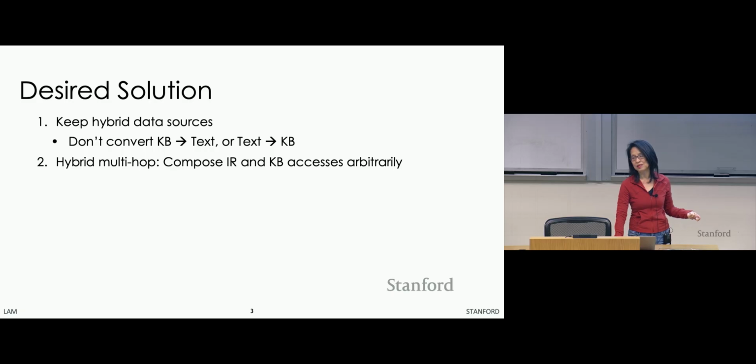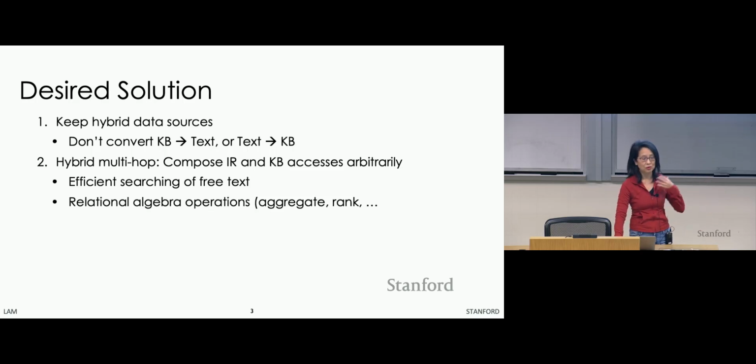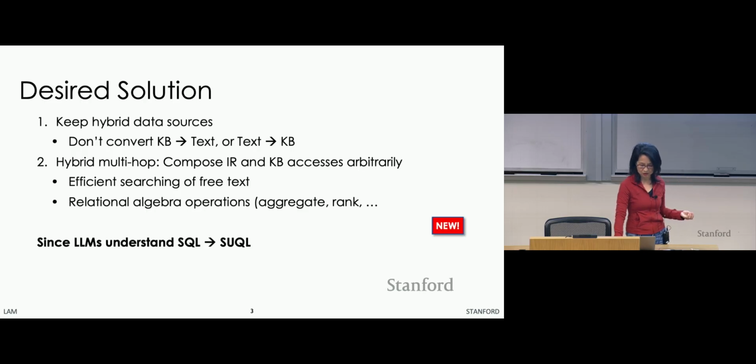You have to compose the knowledge arbitrarily, and you want to have the efficient searching of free text. We are able to search the entire internet, all of Wikipedia and so forth. We have to take advantage of that. We also have to take advantage of algebra. So you really want to use the sources in the original form they are stored.